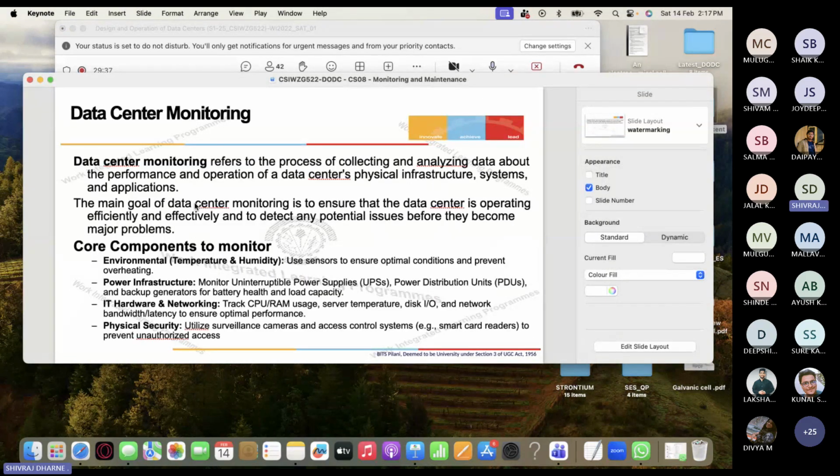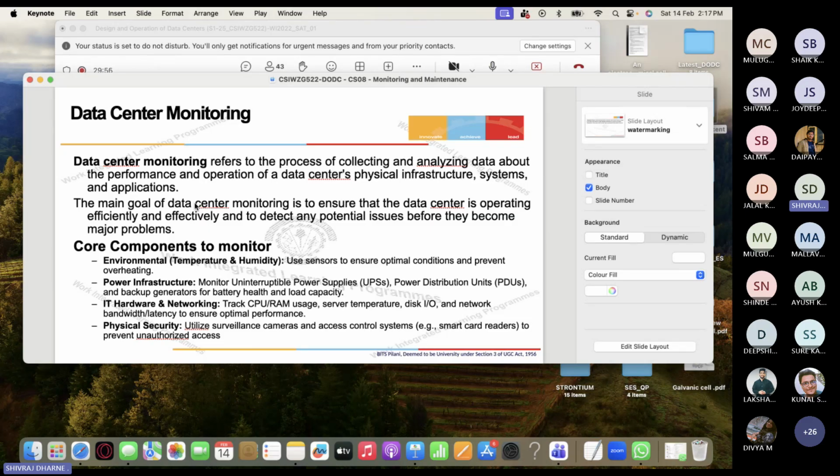So what is monitoring of the data center? It is very simple and straightforward. If you hear data center monitoring, it means you are collecting and analyzing data about the performance and operation of the data center. That's all. So how is the physical infrastructure? Are systems working fine?